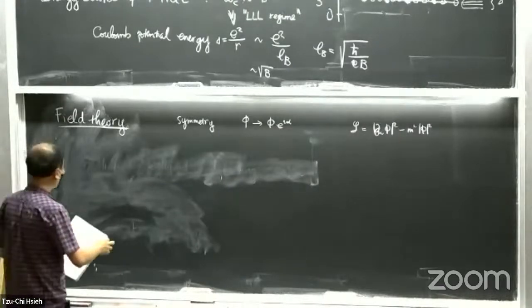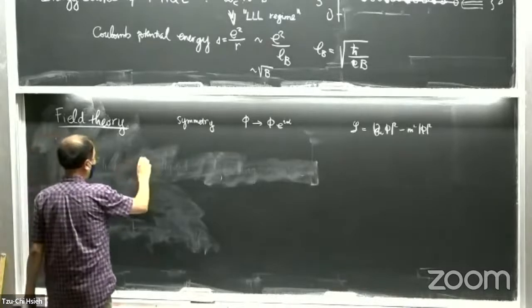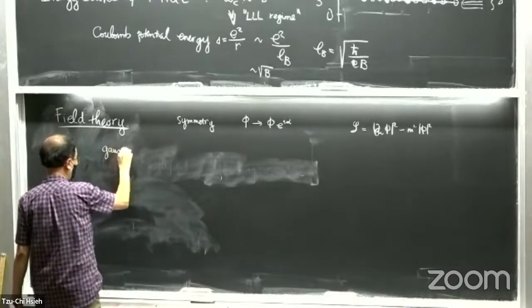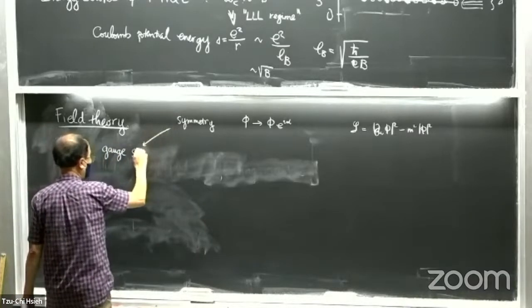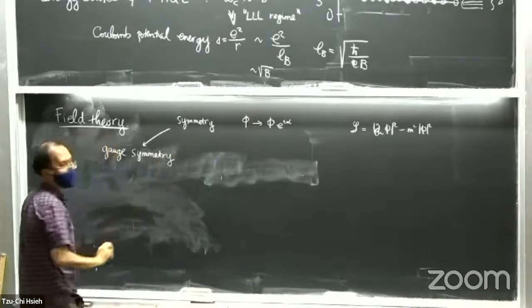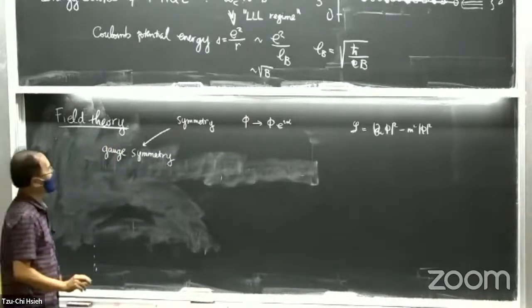One way to derive this is to promote the symmetry to a gauge symmetry by including a gauge field into the Lagrangian.